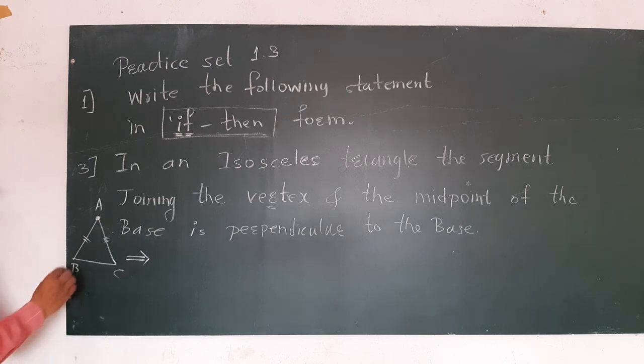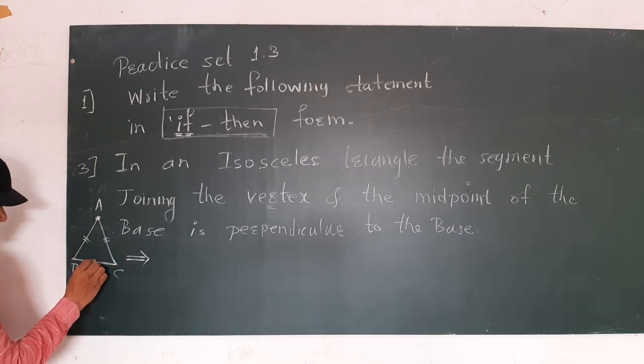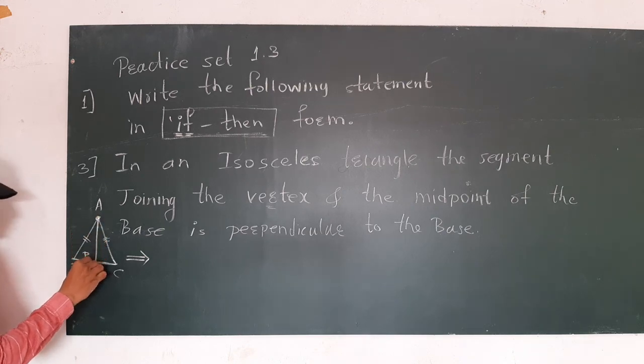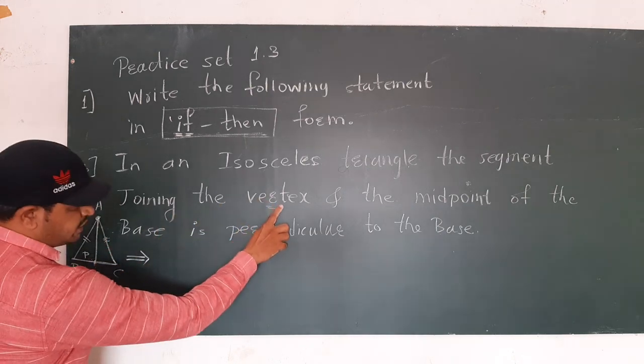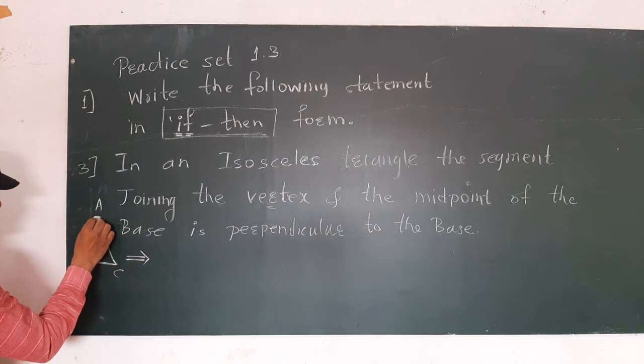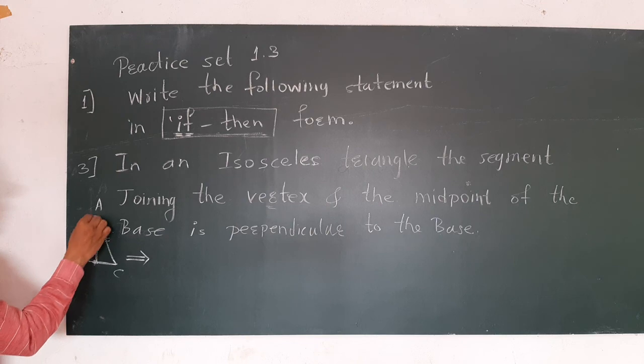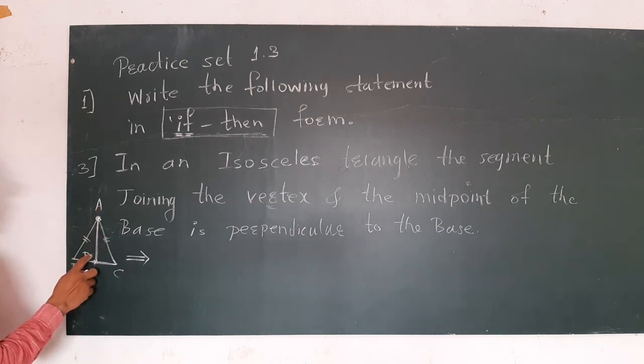And suppose BC has the midpoint P. If we join the vertex A and the midpoint P, then we get a new line, AP.